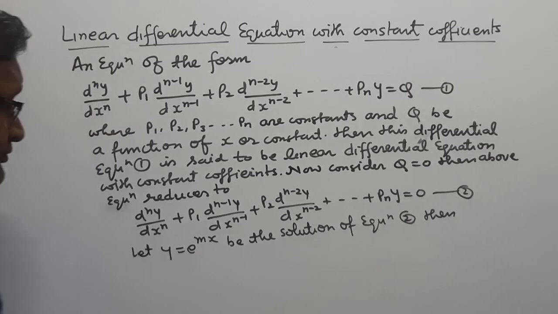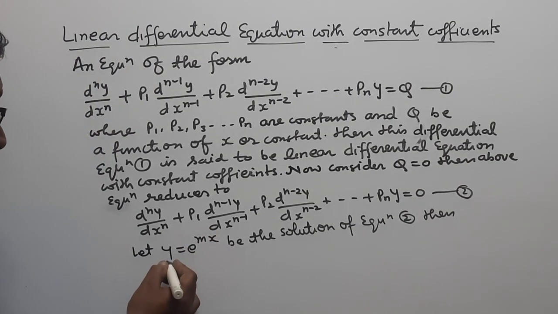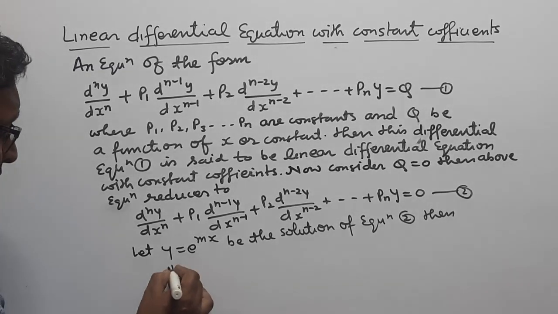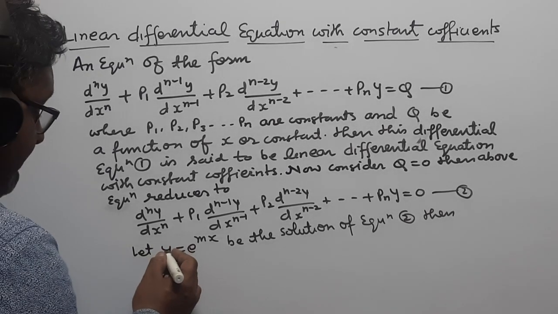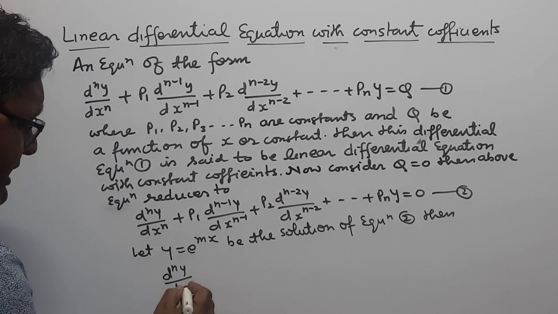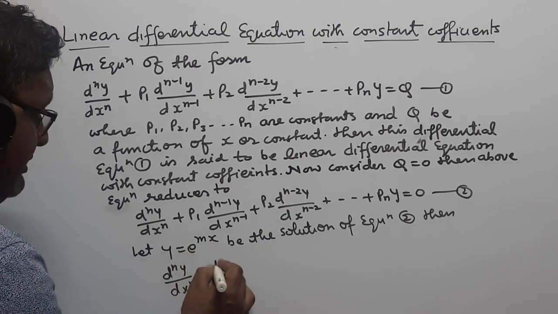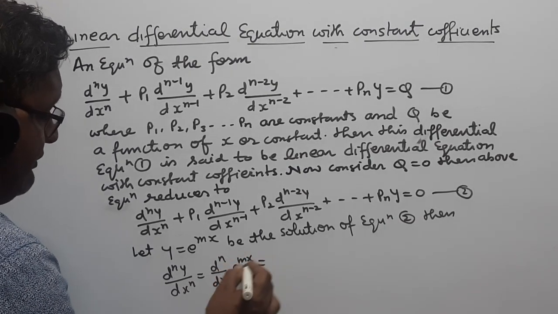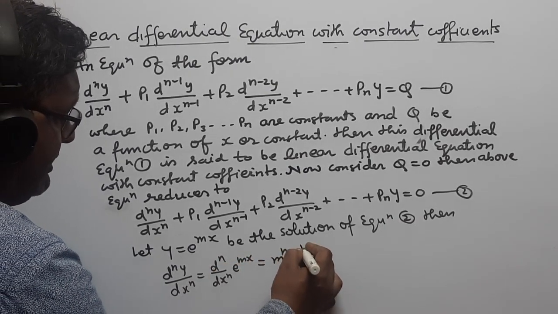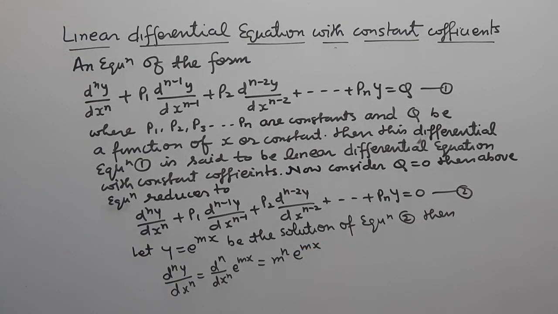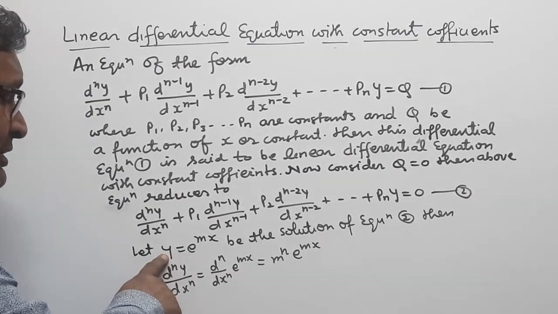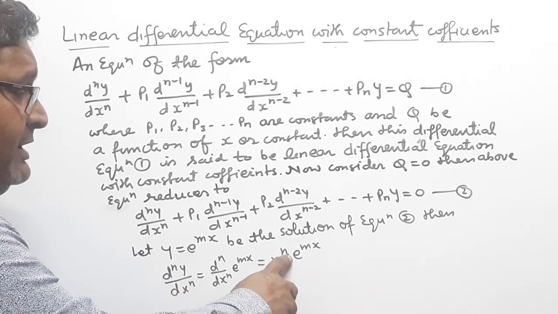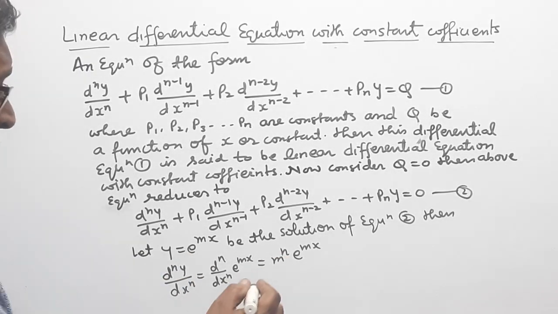Then we find the derivative of y with respect to x. If we find the derivative of y with respect to x n times, we get d^n by dx^n of e to the power mx, which is m to the power n e to the power mx.